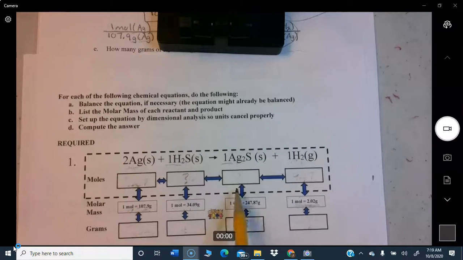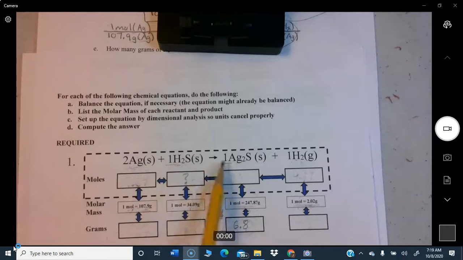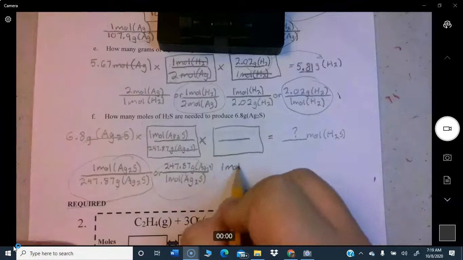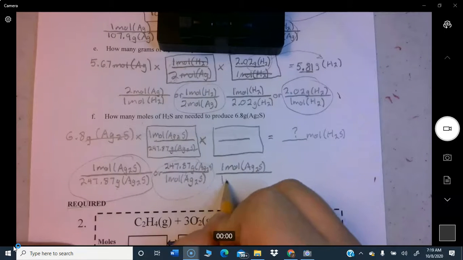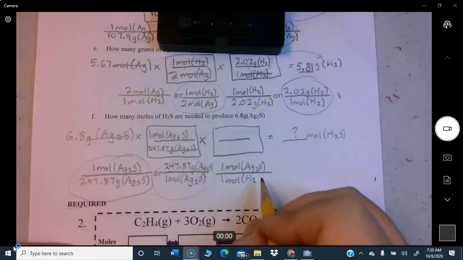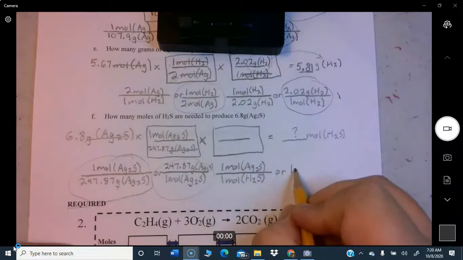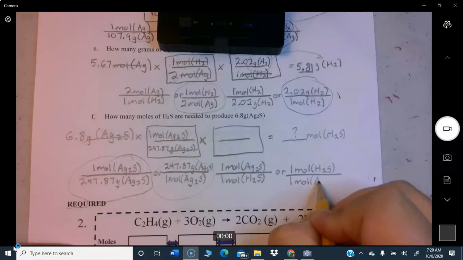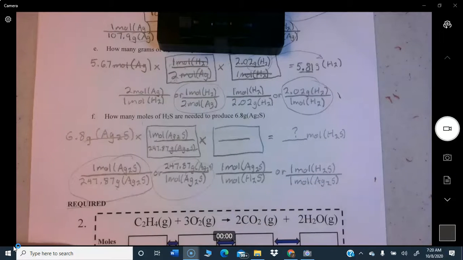Now we need to get from moles of Ag2S to moles of H2S. So that's the one we've done before a couple times. That's a 1-to-1 relationship. Okay, so which one?